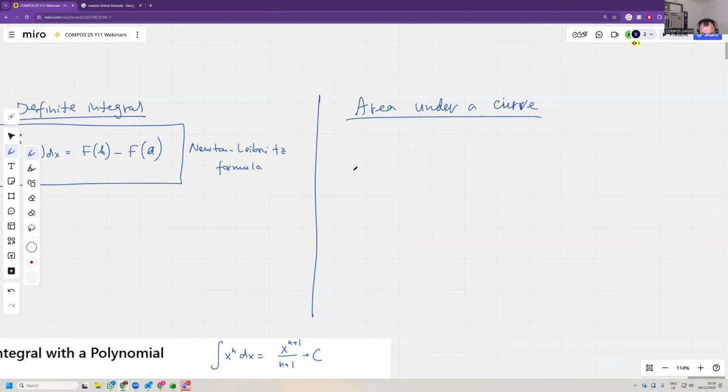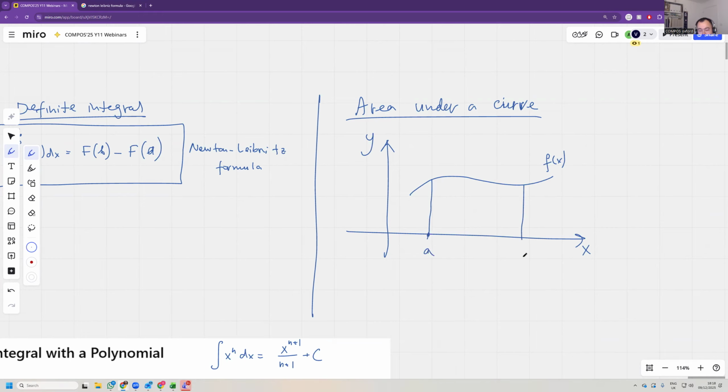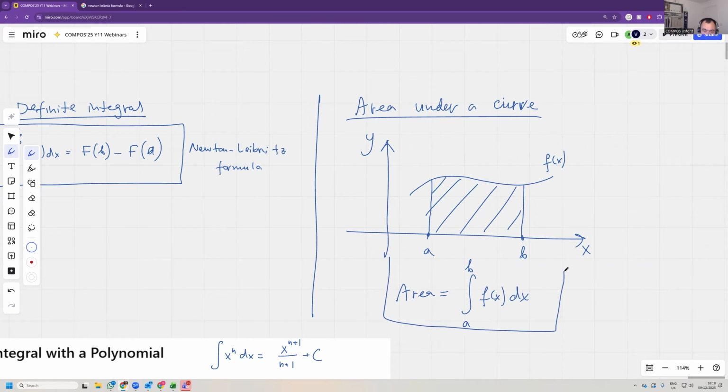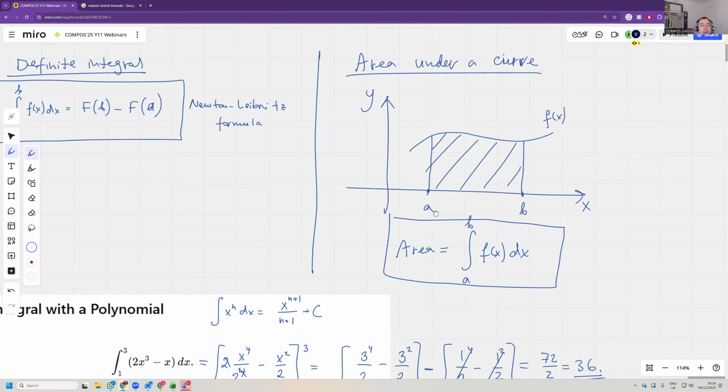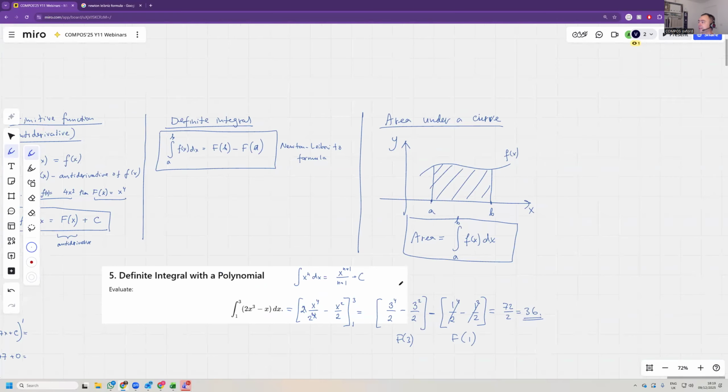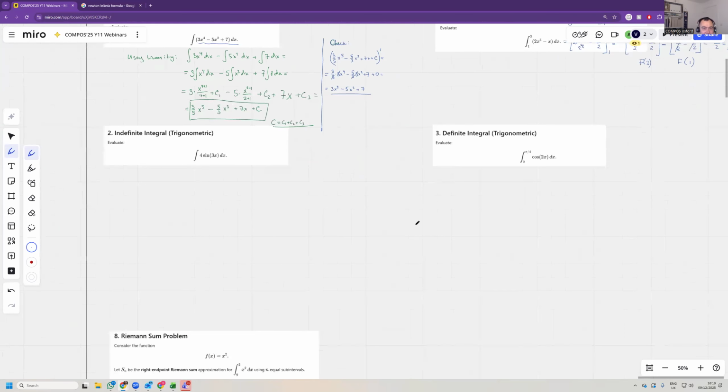So if you have a function, x and y, if you have some sort of function f of x, and this is point A, and this is point B, then the area under the curve is actually equal to the definite integral from A to B of f of x dx. Right. We'll use that later on. Okay, moving on.